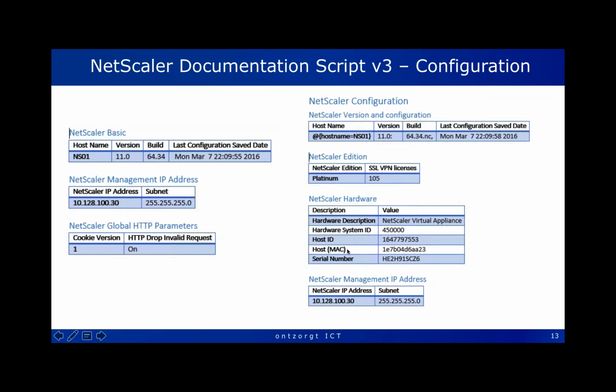But you also get the host ID and the host MAC address, which you can use for licensing as well. So if your license expires or you need to download your license for whatever reason, the host MAC address is there. The serial number, obviously more important for MPX and SDX models, and not so much for VPX, but it's there. So this is all information we couldn't get out before.